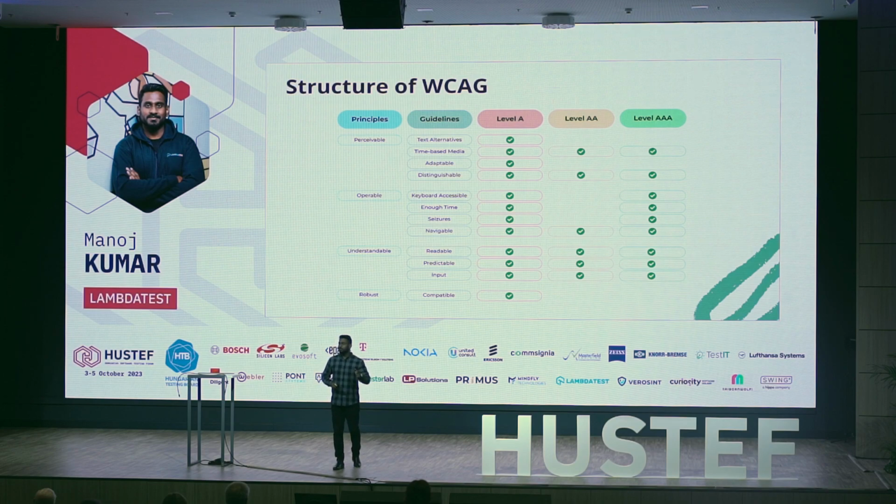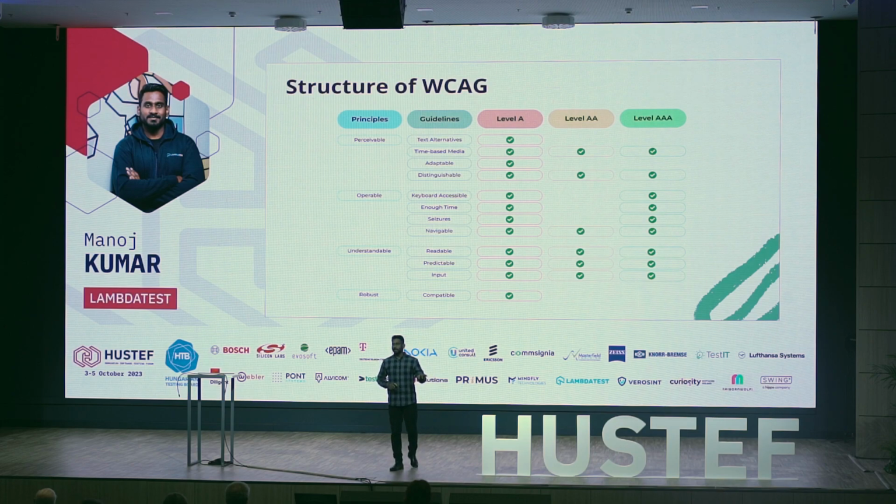Likewise, there are multiple things. For example, in operable, you have keyboard accessible. So this could be a takeaway exercise. If you're using a mouse and a keyboard, plug off your mouse and try to use your application just by keyboard. And you can reach out to me on LinkedIn or put a public feedback anywhere. Are you able to continue your journey?